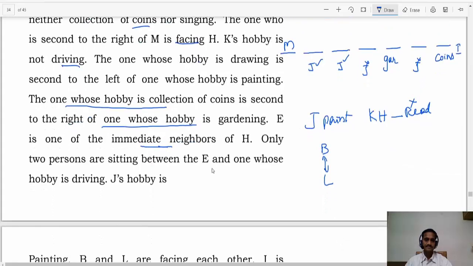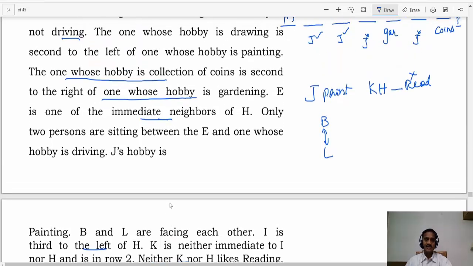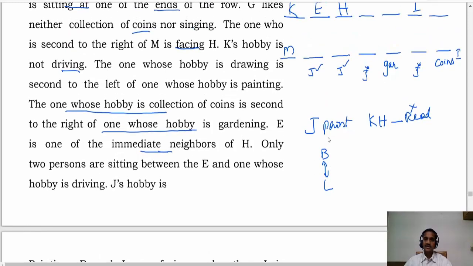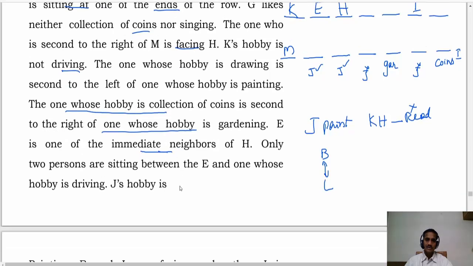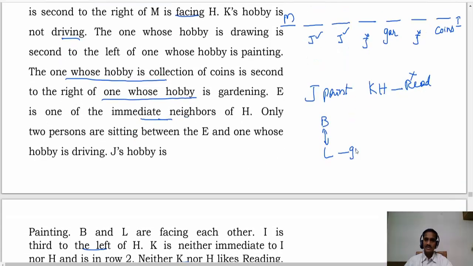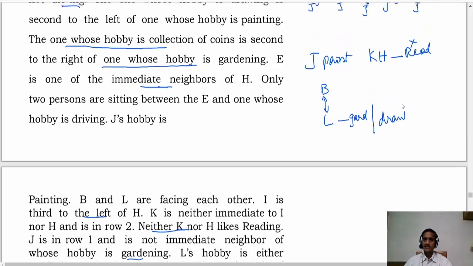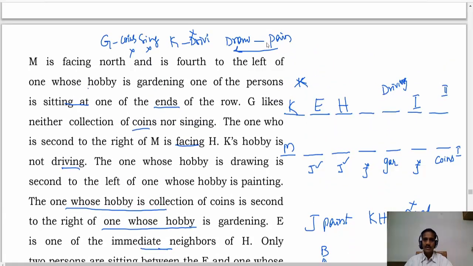Next one. L's hobby is either gardening or drawing. Is there anyone drawing so far?